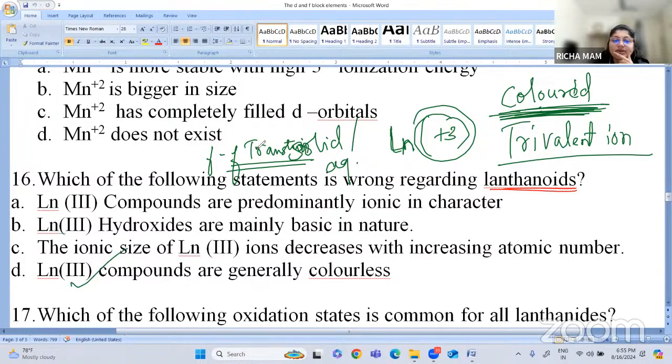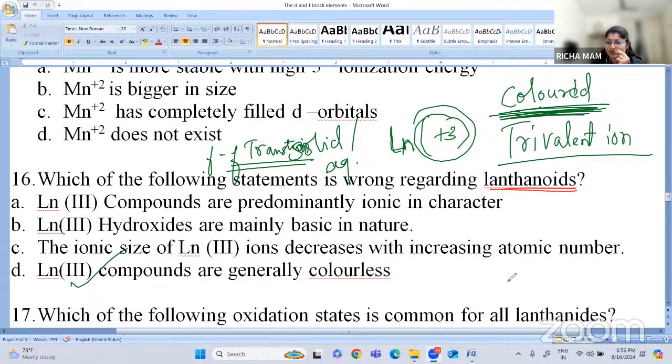So the wrong statement among the following is that Ln3+ compounds are generally colorless. No. When the lanthanoids are present in the +3 state, because most of the lanthanides are trivalent ions, these trivalent ions are colored in both the solution form as well as the solid state.